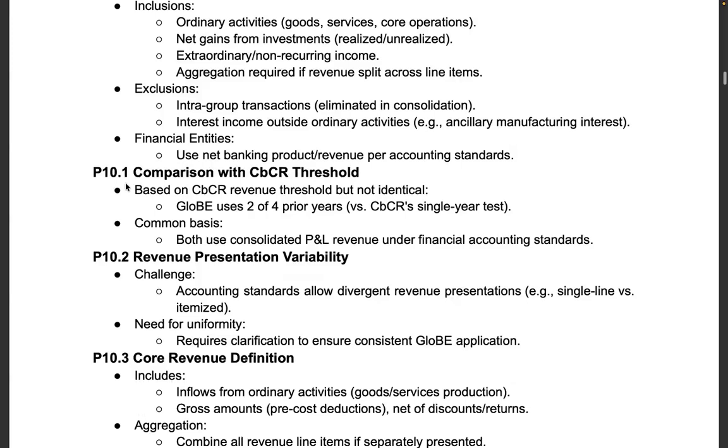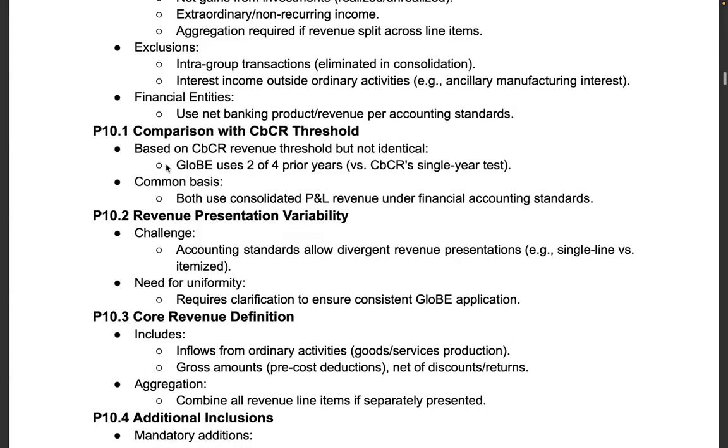So that's the concept that is being propounded here. Now, paragraph 10.1 talks about comparison with the CBCR threshold. Based on the country by country reporting revenue threshold, but not identical. GloBE uses 2 of 4 prior years versus CBCR's single year test.